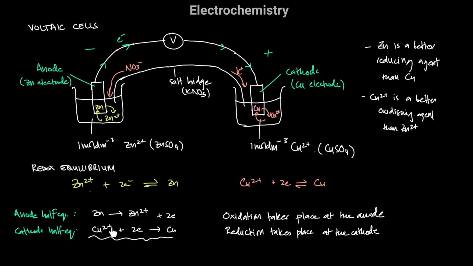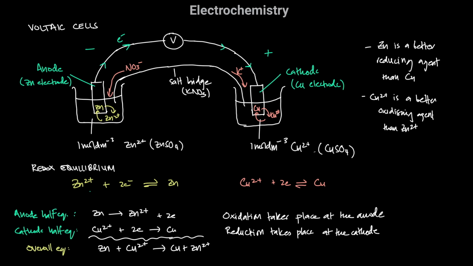Now in order to construct the overall equation, we have to ensure that the electrons are balanced, right? In this case, the electrons are balanced, right? So we can just add up the two equations and we get the overall equation for the cell, right? So this is Zn plus Cu2+ gives us Cu plus Zn2+. So this is the overall equation for the cell.